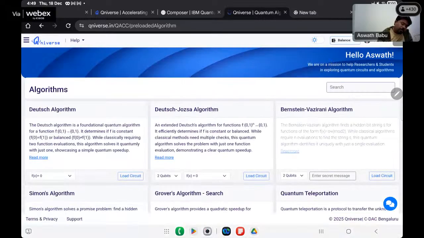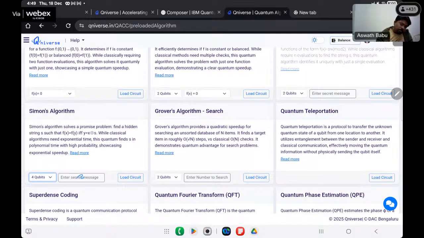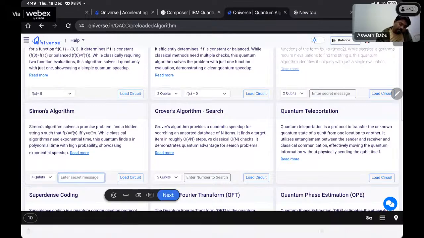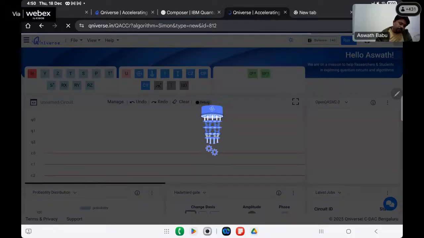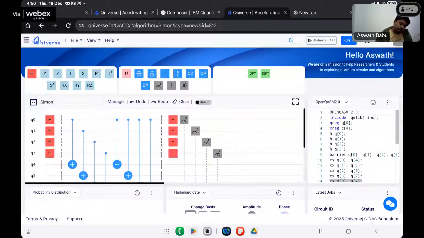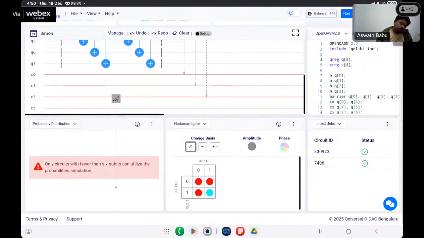Let me go for 4 qubits, with the bit string all ones, 1 1 1 1, and load the circuit. There are only circuits with fewer than 6 qubits.